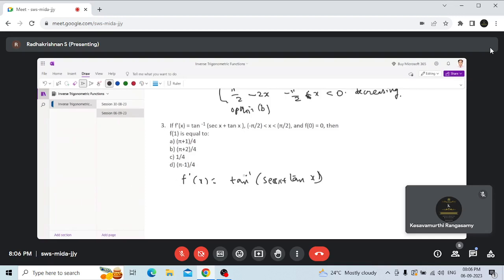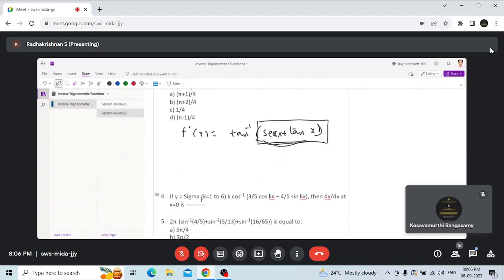Since we are asking tan inverse, we have to get this somehow in the form of tan of something. Then only we can solve it. So the challenge is how to get this in the form of tan of something. It's a bit hard, so I will just do it now.